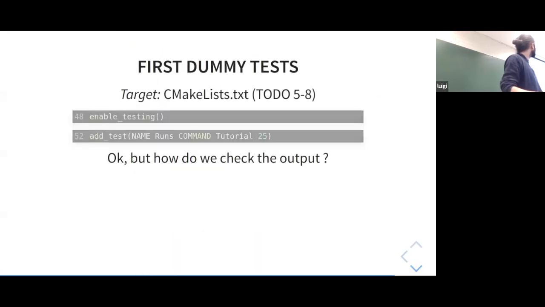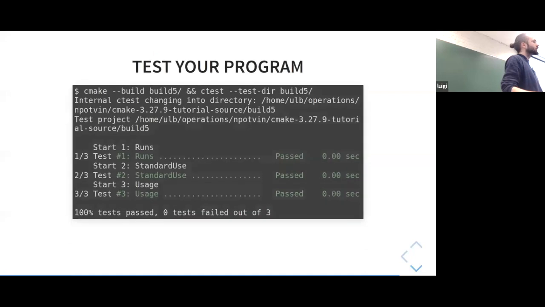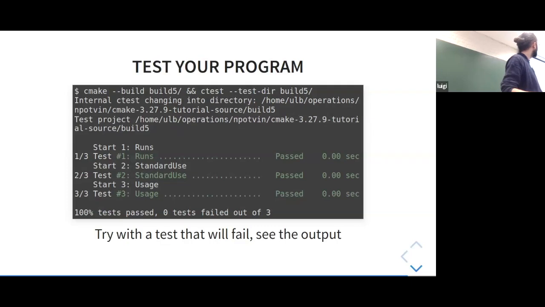So yeah, then about testing, I won't cover that because I am out of time. But this is what the testing of CMake looks like. So you can run some automated tests with CMake, which is pretty neat because every time you compile, you can run some tests and make sure that you haven't broken anything in the program, because it's very easy to develop something new and then break some previous feature and not realize it.